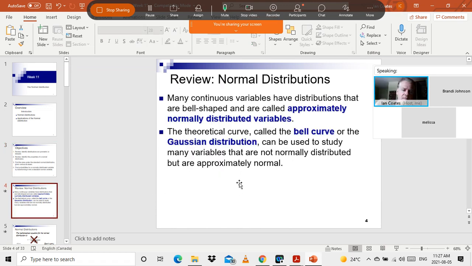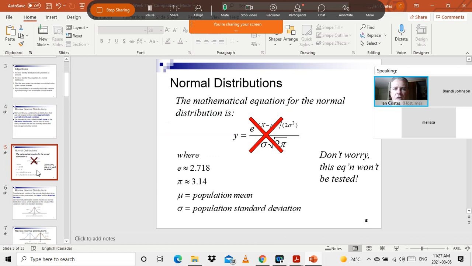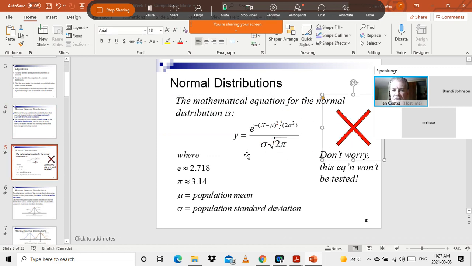There are many continuous variables, okay, but what we're talking about here is this bell-shaped, this normally distributed, also called a Gaussian distribution, and there are a couple of things there that you should know. We've gone through these already, and you can see here that this is one of the formulas involved in this.